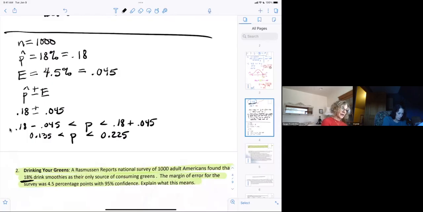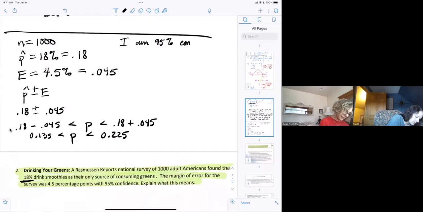So then we can say I am 95% confident. And it was 95%, right? Yes. Okay, with a 95% confidence. So that's where I'm getting my 95%.